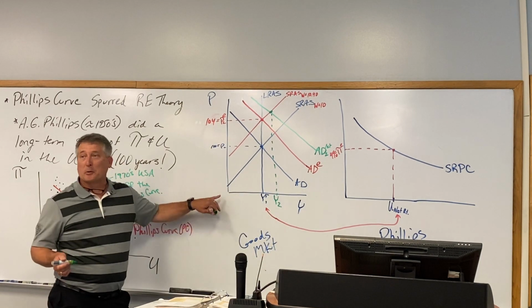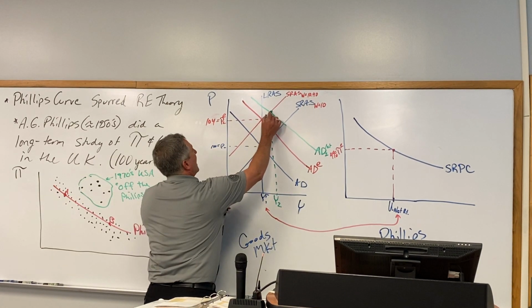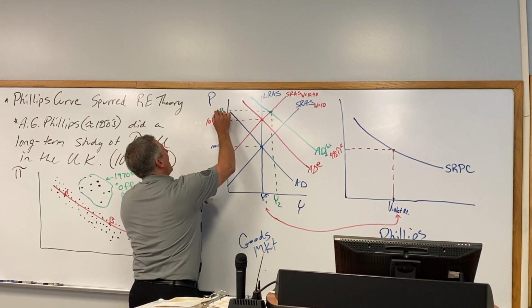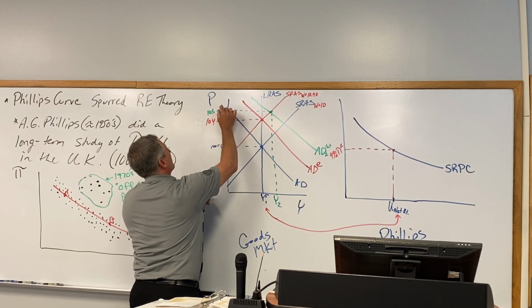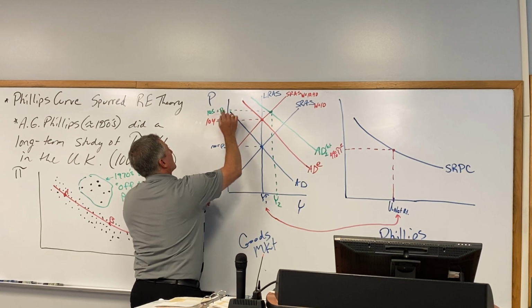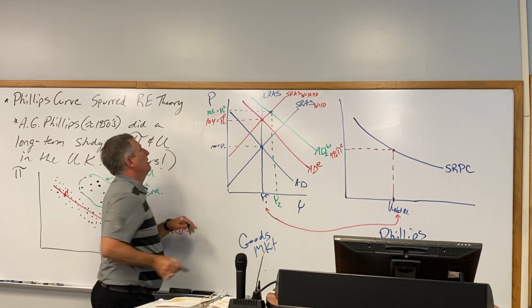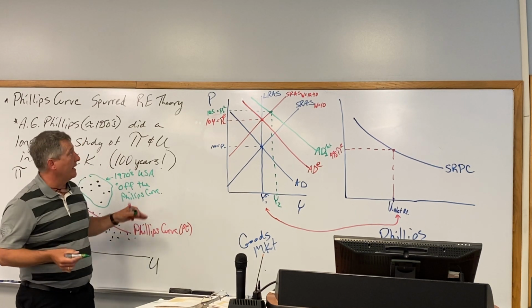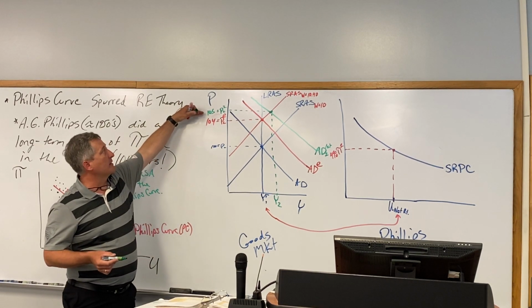Now, since we were wrong, the actual price level grew to 5%, or 105, I should say. So this is the actual price level, which means there was actually 5% inflation.